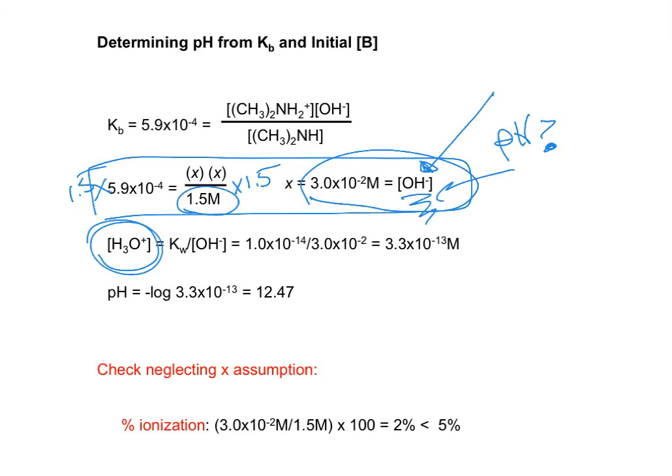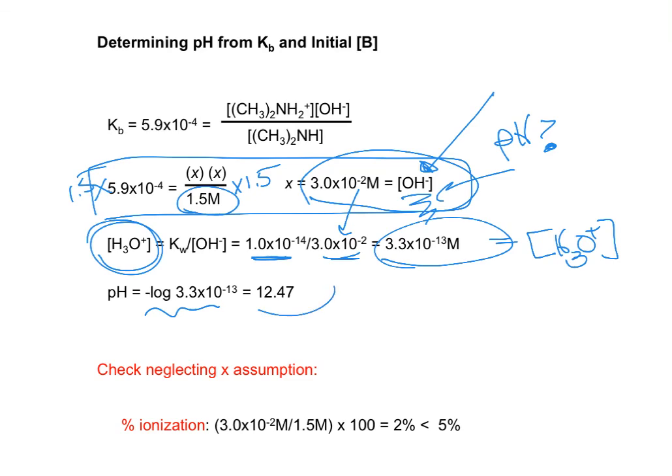And we get that by 1 times 10 to the minus 14 divided by the hydroxide ion concentration we just found. So here we go. This is the hydrogen ion or hydronium ion concentration. And now it's easy to find pH. Minus log of this hydronium ion concentration. pH is 12.7, which is what you would expect.